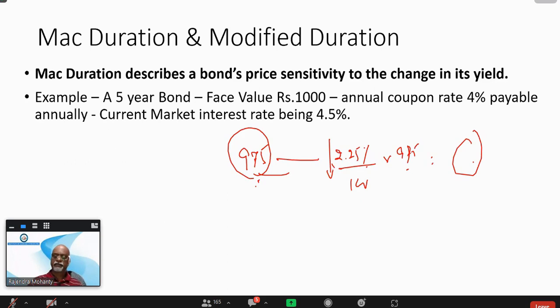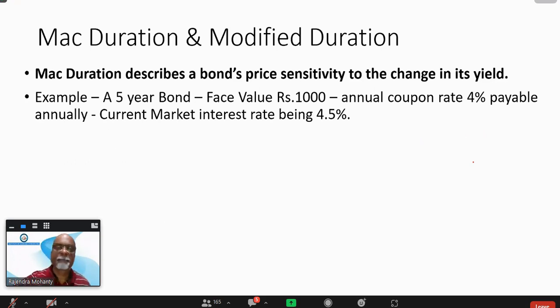Yes, sir. And in the next sum, 6.645 is the change, right? So 1,000 minus 66.45, so it is 933.55, isn't it? For 1,000, how much is it?